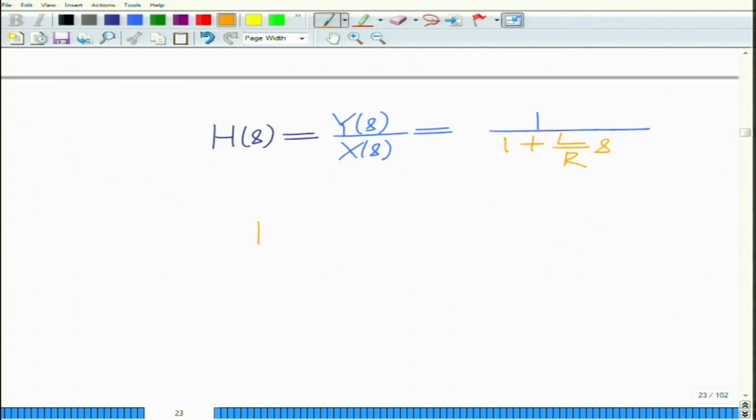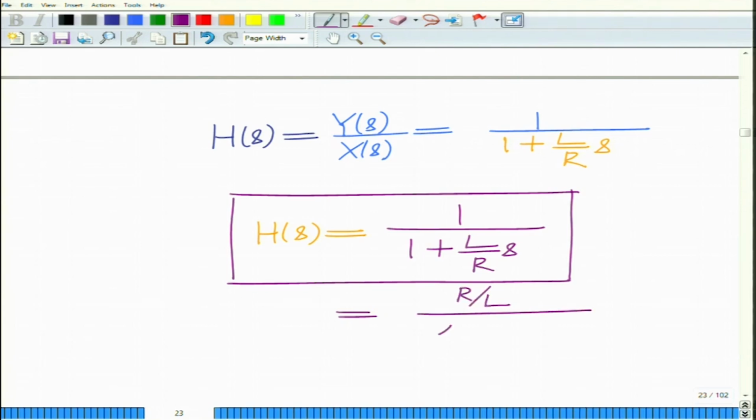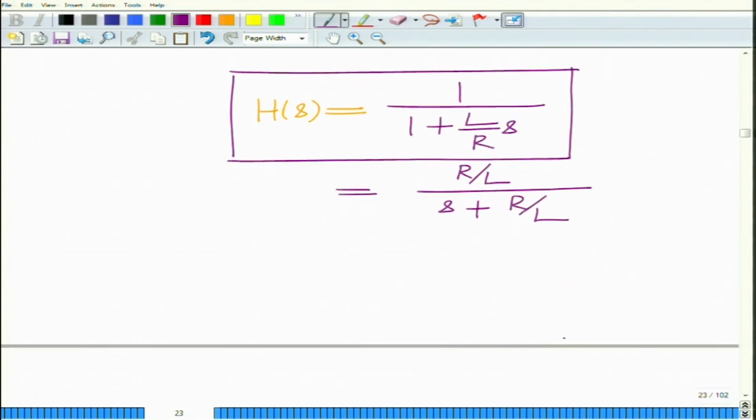So we have H(s) equals 1 over 1 plus L by R times s. And observe the pole of this system. Now, this can also be written as R over L divided by s plus R over L. So the system has one pole p1 equals minus R over L.